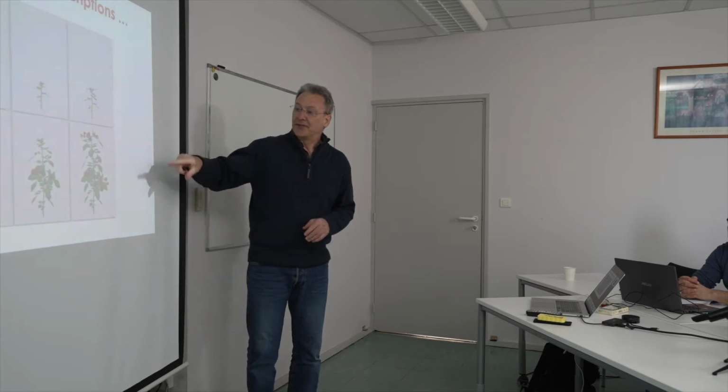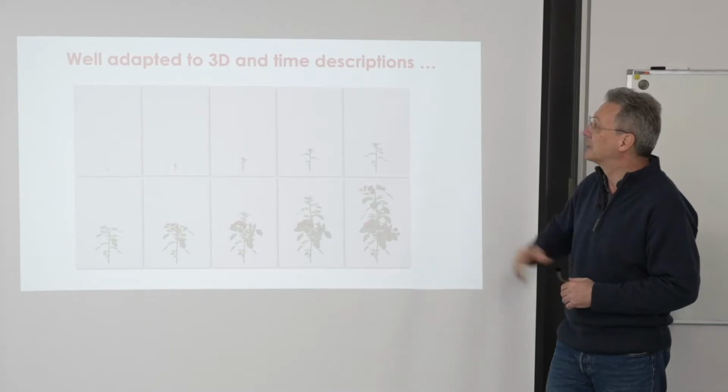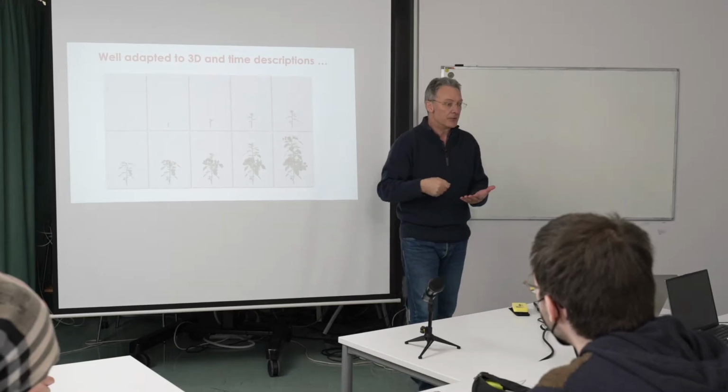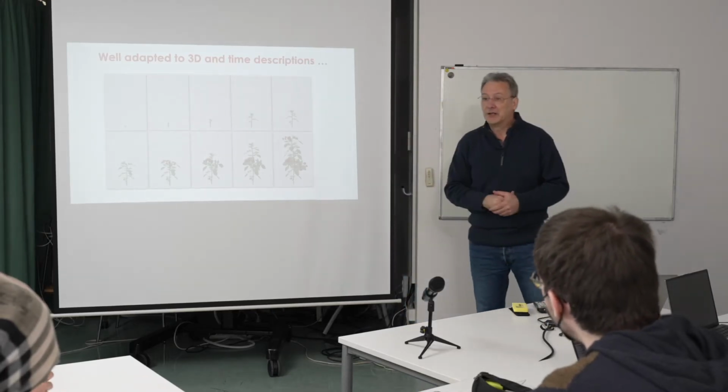What is important is that, as you've seen in the movie, we have the temporal structure of the development. And these 3D virtual plants are good at representing the plant in 3 dimensions, which is difficult to do with 2D drawings, and also in time.